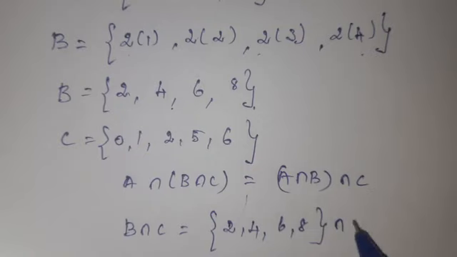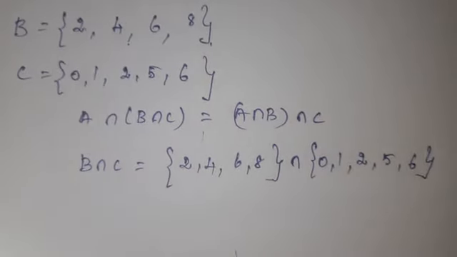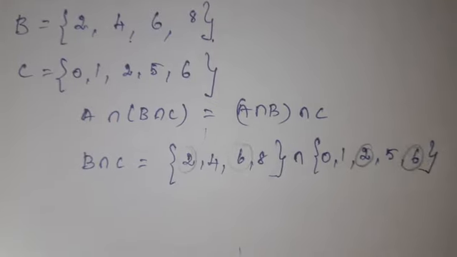Intersection C set is 0, 1, 2, 5, 6. For both you should take intersection. Intersection means common elements. The common elements are 2 and 6. You should circle the common elements. The answer is 2, 6.